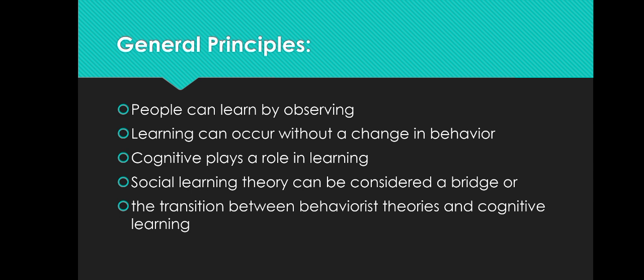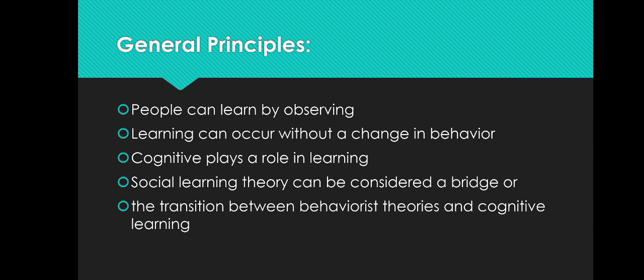Number 2, learning does not necessarily result in a change in behavior. This is something like latent learning by Tolman. We will find that they define it synonymously, that there is learning even if it is not seen in their behavior. Third, cognition plays a role in learning. It was said by many scholars that cognition is the base foundation of the psychomotor as well as the affective domain.